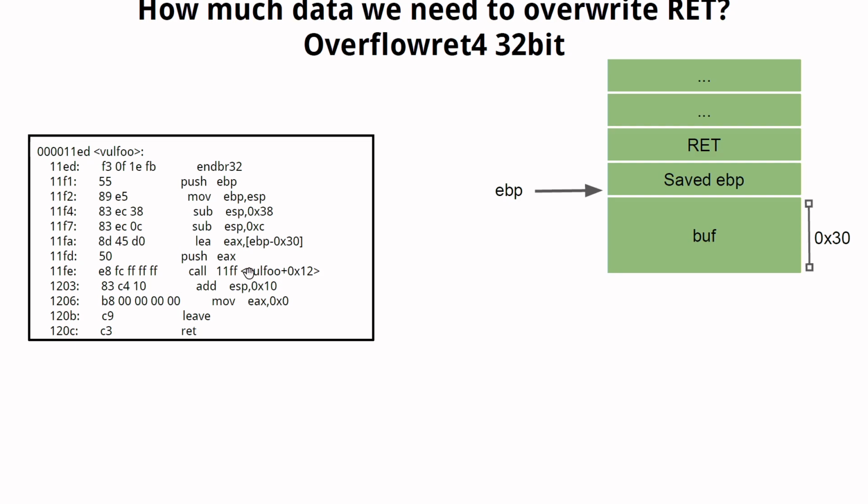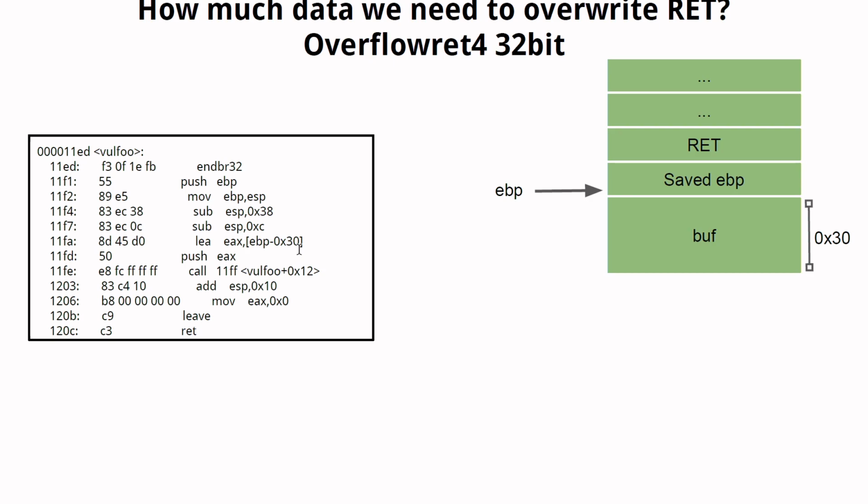So from this call to gets, we move backwards and see there is an instruction push EAX, push something onto the stack, which means EAX has the address of the buffer. Then we keep going backwards and see the EAX value is EBP minus 0x30, which means the address of buffer is at EBP minus 0x30.